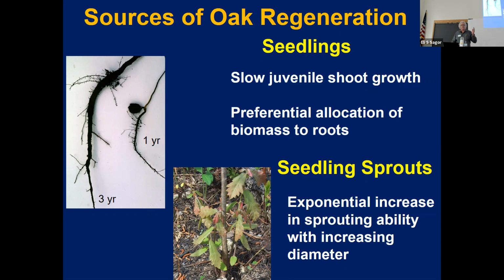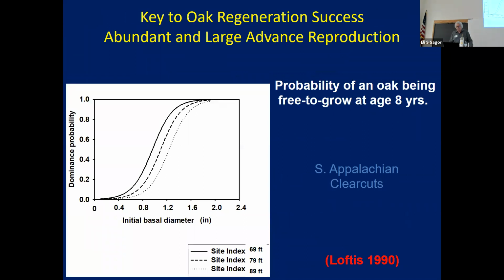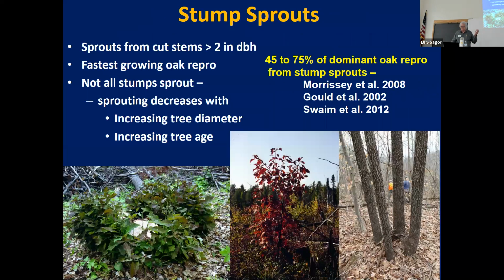And stump sprouts are the most competitive, fastest growing source of reproduction. The only problem is that not all stumps produce sprouts. And so you need to rely on what we call advanced regeneration if you want to maintain oak stocking at the current level or at an increased level. I'm going to pass through some of these pretty quick. There's the stump sprouts.